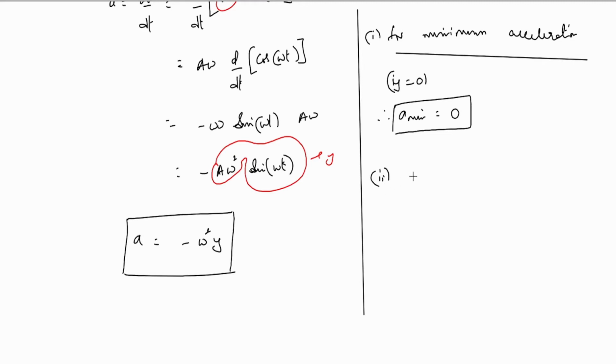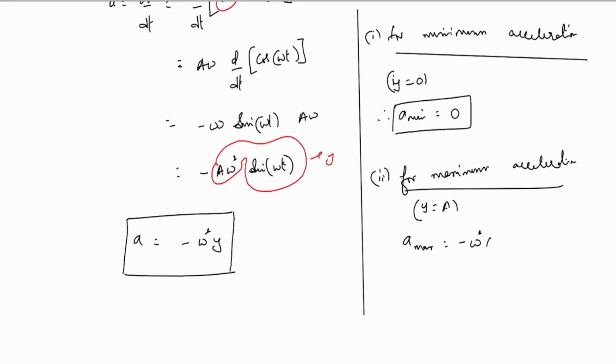Similarly, for maximum acceleration, we want y to be maximum. The maximum value of y would be capital A. So when y is equal to capital A, which is the amplitude, then a becomes maximum, equal to minus omega square into A. This is a maximum.